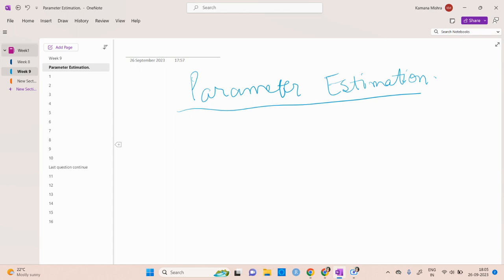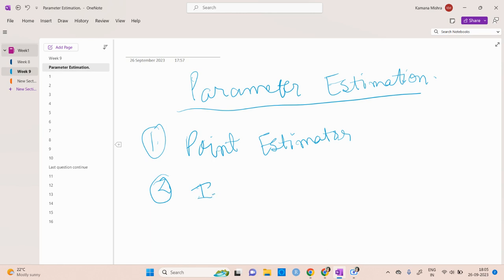And another thing we have is interval estimation. So first we have point estimation, and second we have interval estimation.